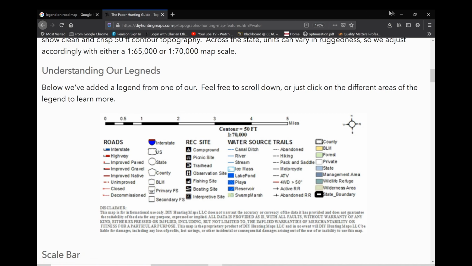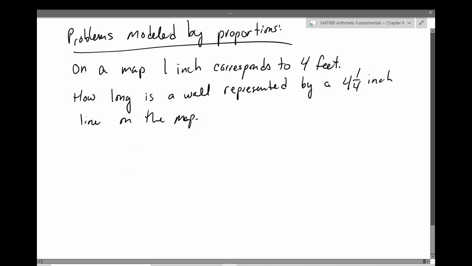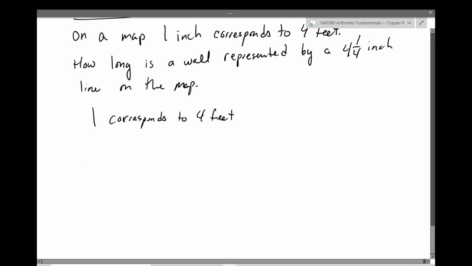All right. So when we're talking about this example, that's exactly what we're talking about. 1 inch corresponds to 4 feet. That's a proportion. All right. So 1 inch over 4 feet. Okay?